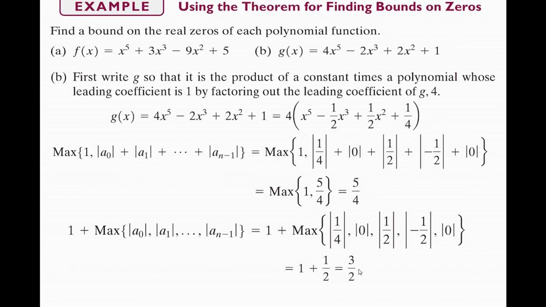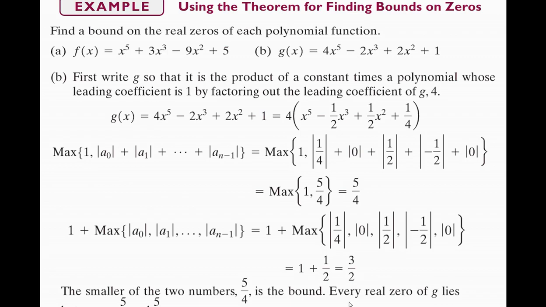So we have to decide which one is smaller, 5/4 or 3 halves. And we get the smaller of the two numbers is 5/4. So every real zero of g lies between negative 5/4 and positive 5/4.